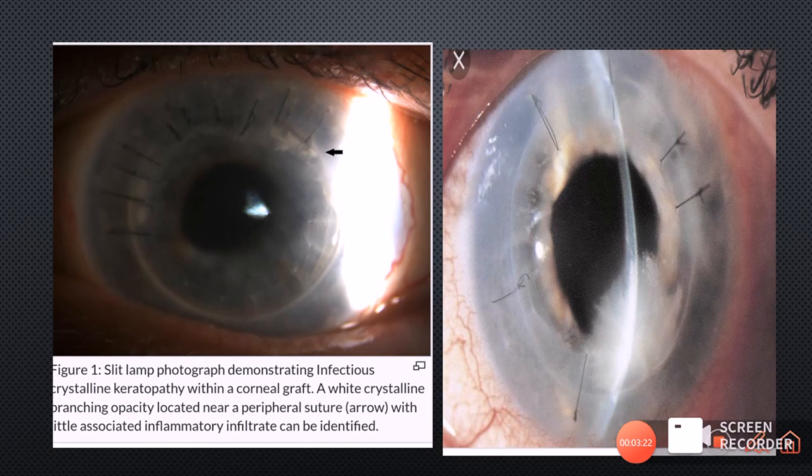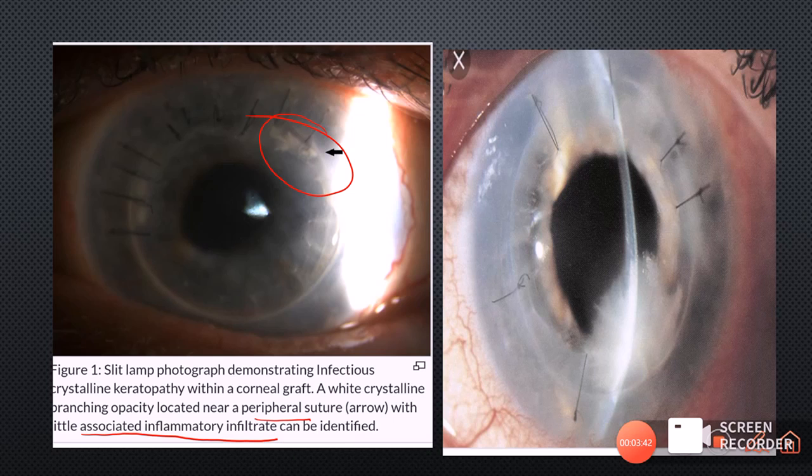Just have a look at this picture. This picture demonstrates infectious crystalline keratopathy that you can see over here within the corneal graft. It is looking white, crystalline branching opacity near the peripheral suture, and you can see that the associated inflammatory infiltrate is very less.